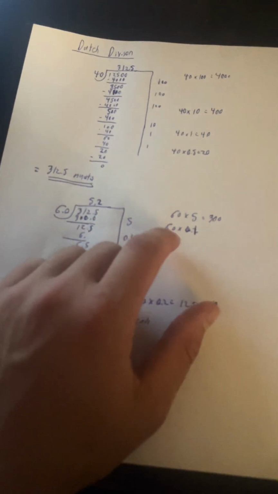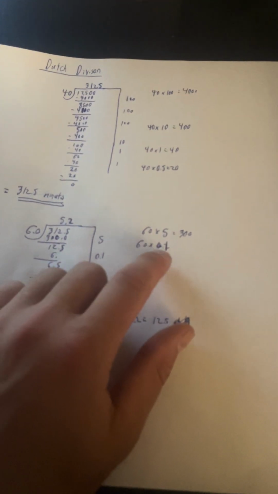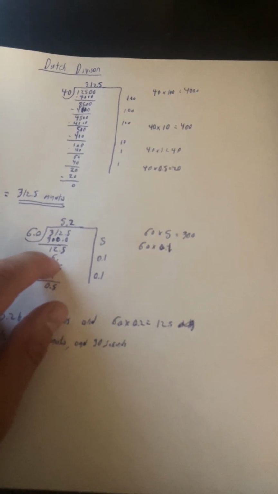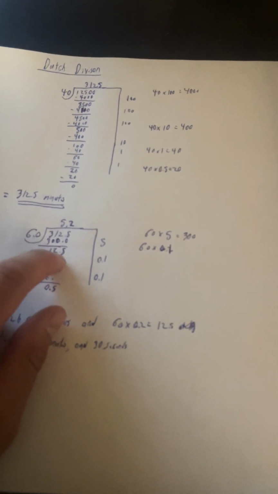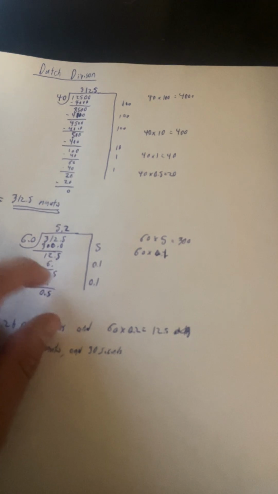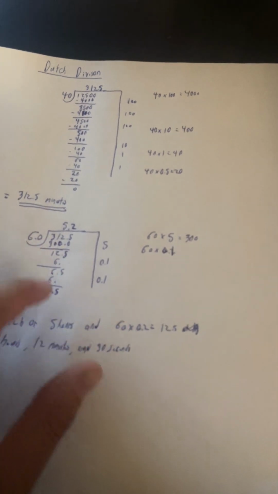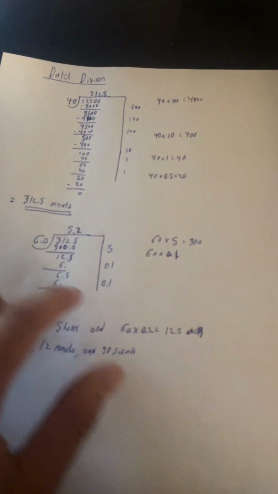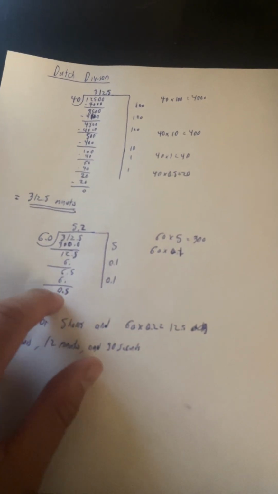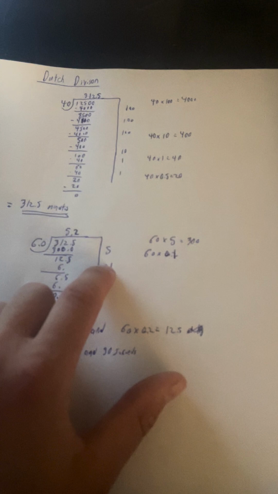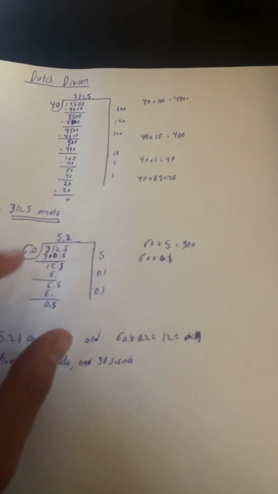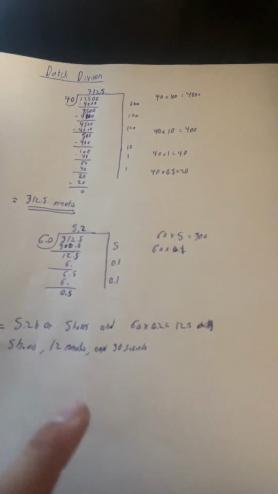With that, we use 60 times 0.1, which equals 6. So 12.5 minus 6 is 6.5. Then 6.5 minus 6 equals 0.5. So we use 2 of the 0.1s in the 0.1 column. So 5.2 is the answer.